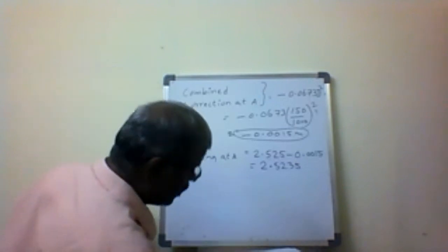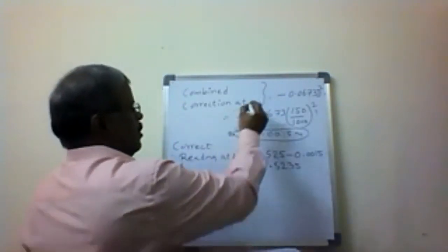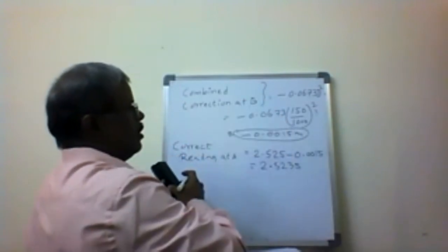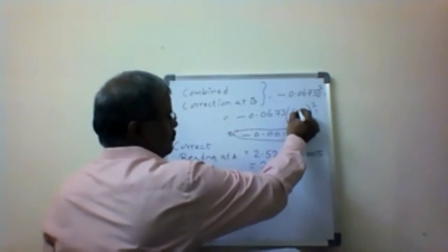Similarly, we are going to correct the reading at B. Combined correction at B: the distance is given as 100 meters.